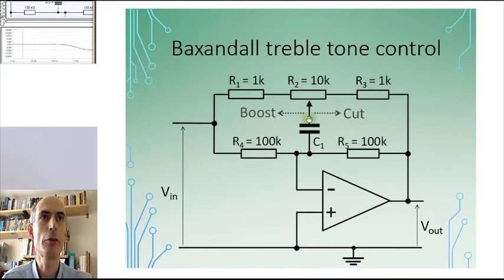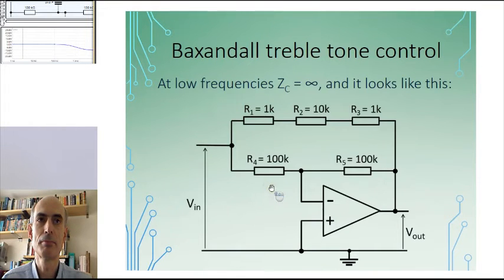Which means that the current flowing down through the capacitor, with its very, very large impedance at low frequencies, will be negligible compared to the currents flowing elsewhere in the circuit. So we can approximate the circuit like this. Just take the capacitor out of the circuit. It's not doing anything.